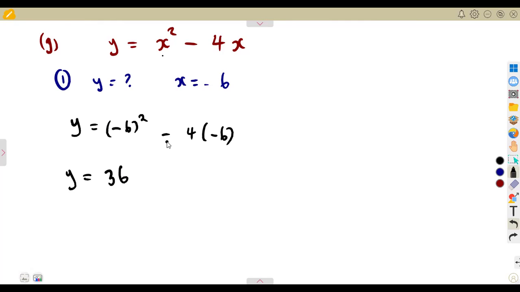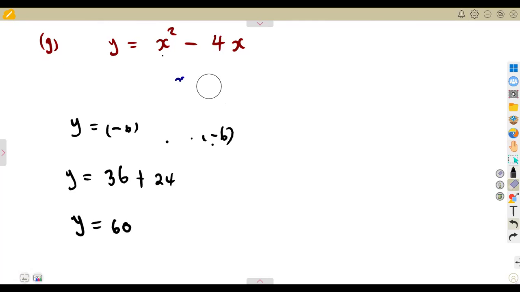Minus 4 times a minus 6, that's minus times minus, that's a plus 24, since 4 times 6 is 24. If we add these two properly, we obtain 60. So that's it, just like that. It was just a substitution to be done.